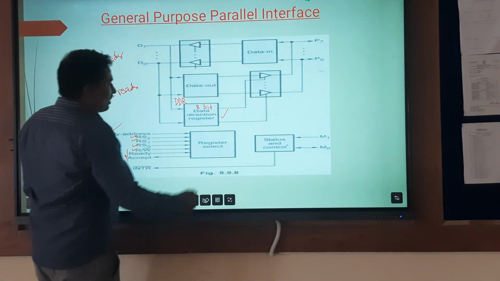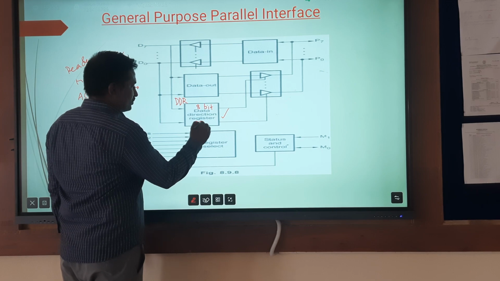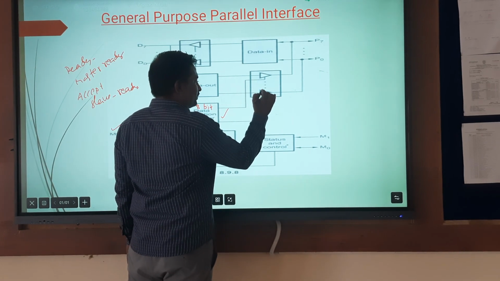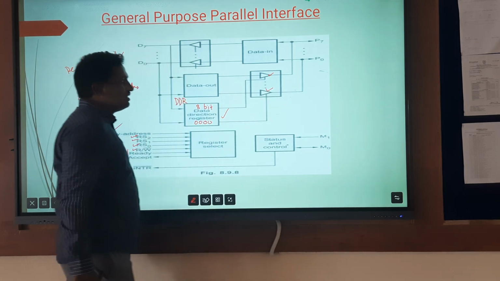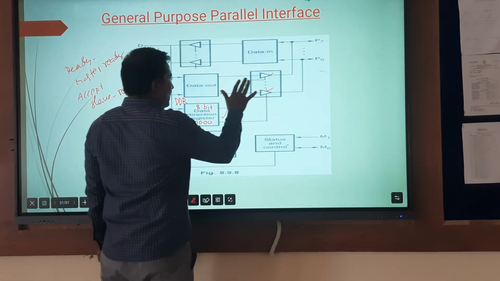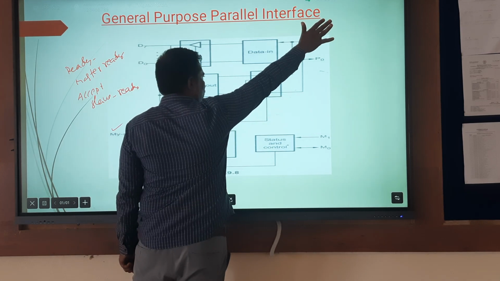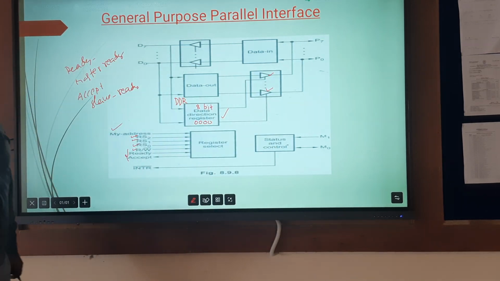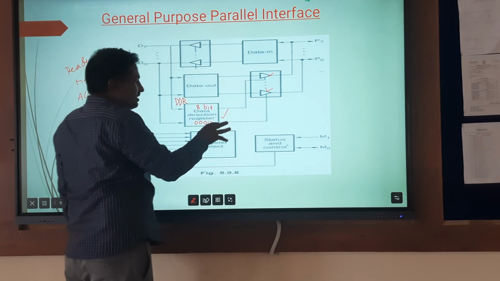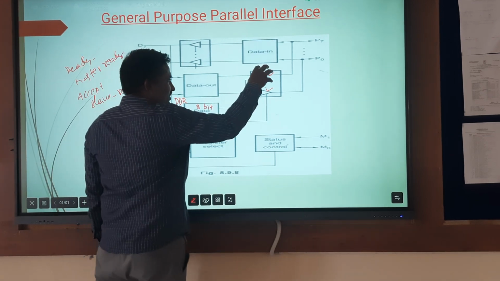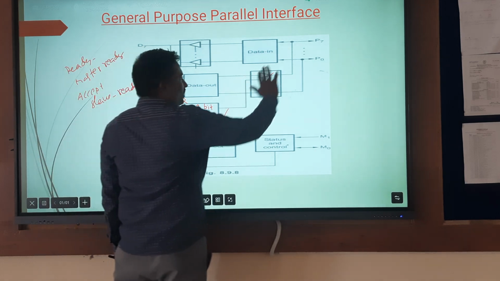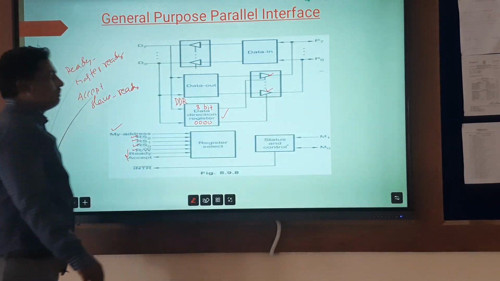If the content of these bits are all zeros, then this will be connected as an enable input of the tri-state buffer. If all are zeros, that means no data will be transferred from the data out register to the data lines, that is, the data from the data line goes to the printer. If all 8 bits are 0, then it disables the drivers so that no information goes to the printer.